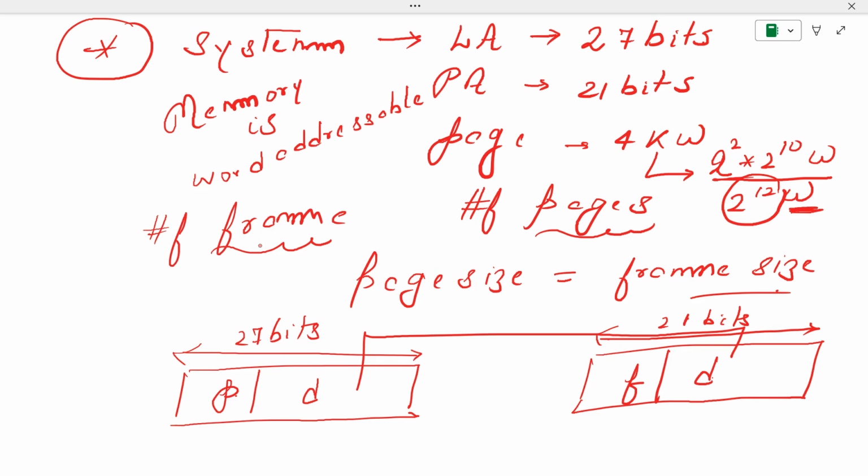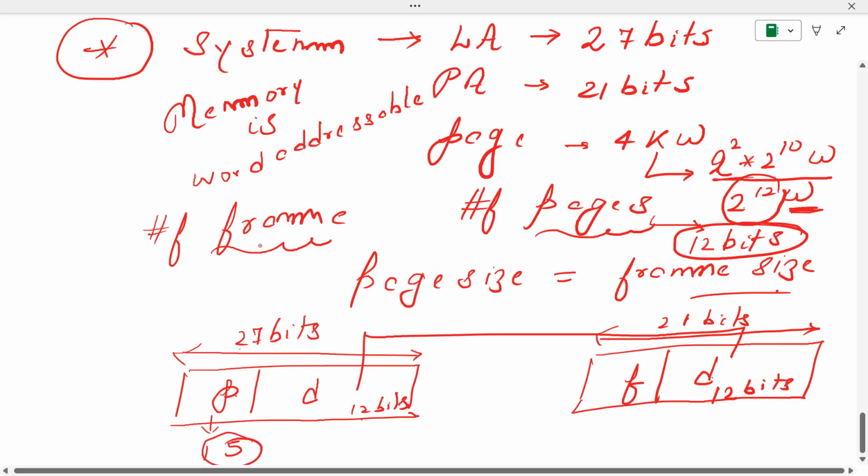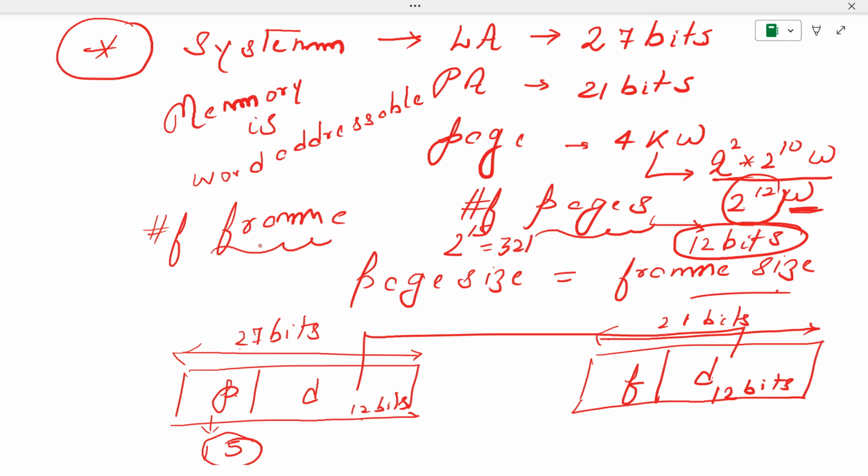So 12 bits would be used to represent each word, so this D becomes 12 bits here and also here. Out of 27, if we provide D 12 bits, how many page bits will be there? It will be 15 bits, right? So if someone asks the number of pages, it is 2 raised to the power 15, that is 32k pages.